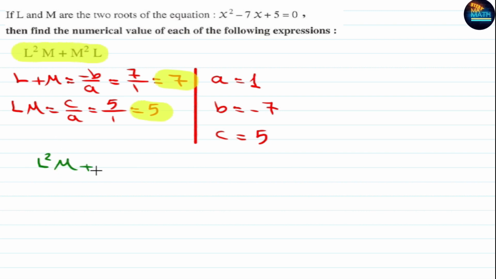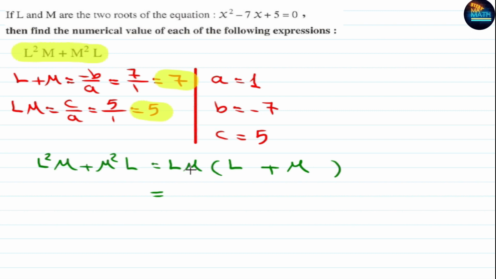Here you don't have L and M separately, but what you can do is take out LM as a common factor, because LM is in the first term and it's in the second term. I'm left with L, because L squared M divided by LM gives L, plus M squared L divided by LM gives M. So LM multiplied by (L plus M).